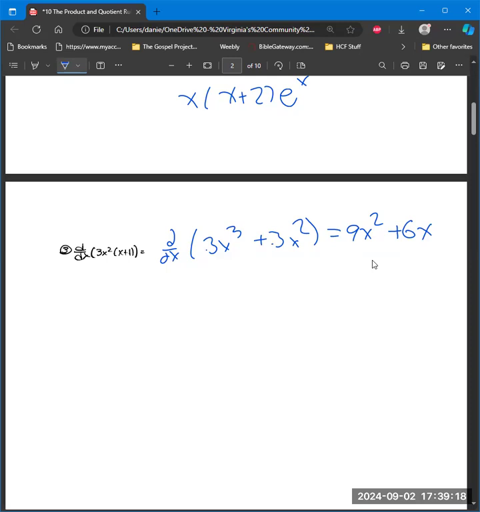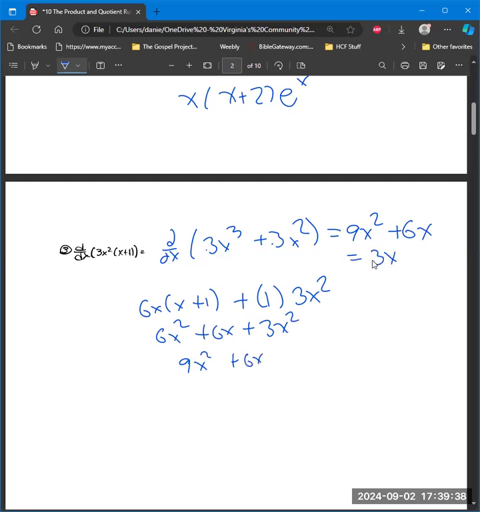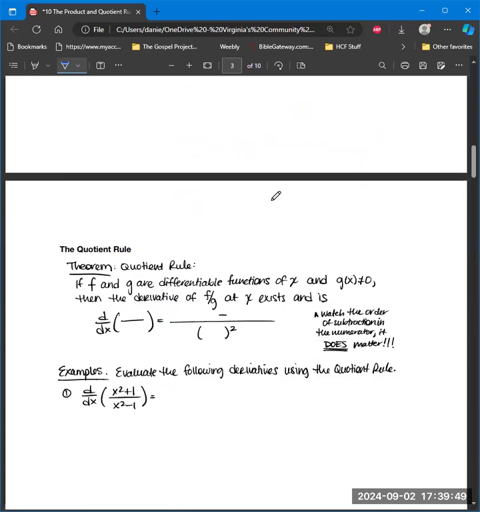So we want derivative of the first part, leaving the second part alone, plus derivative of the second part, leaving the first part alone. 6x squared plus 6x plus 3x squared is 9x squared plus 6x. In both cases, I'd probably want to pull out the 3x as a common factor and leave this with 3x plus 2 and 3x times 3x plus 2.